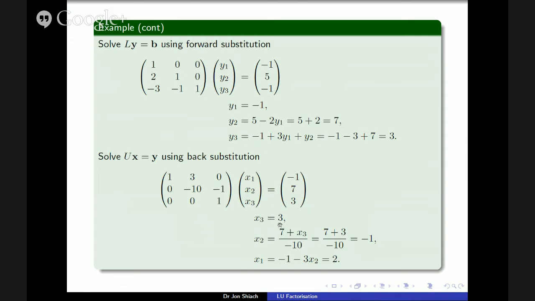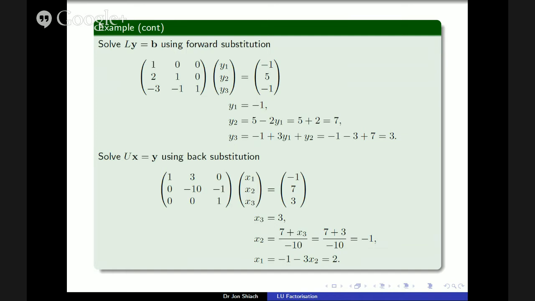So therefore x3 equals 3. x2, well, we have minus 10, so we have to divide through by minus 10. 7 plus 1 lot of x3. So that gives me minus 1. And finally, we've got minus 1 minus 3 lots of x2, which gives me 2. So the solution is x1 is 2, x2 is minus 1, x3 is 3.